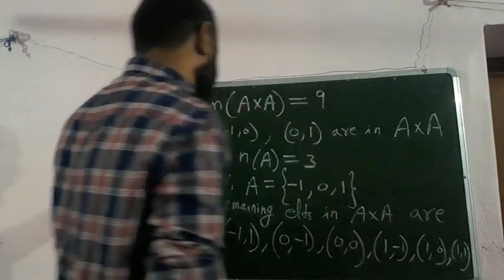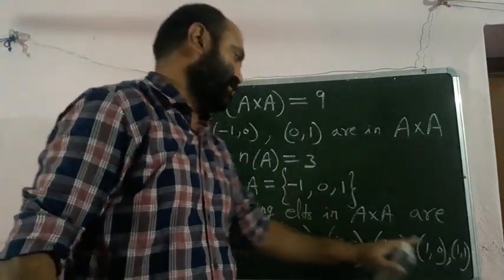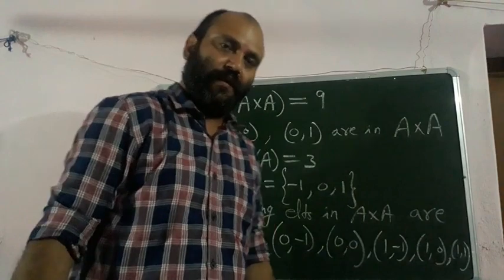So these are the remaining elements in A cross A, right?